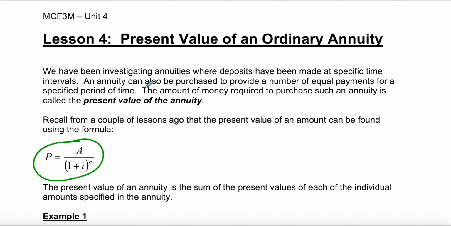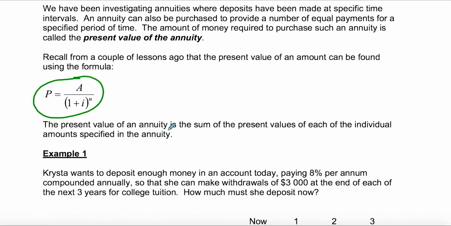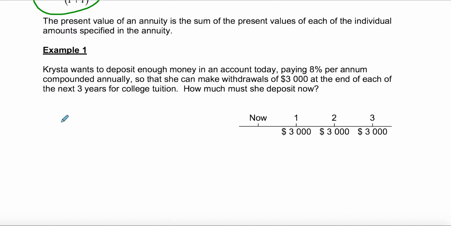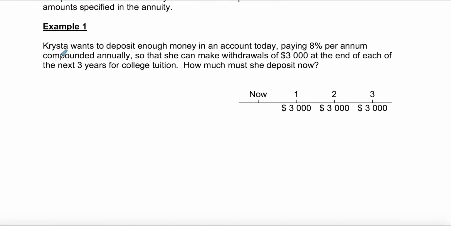It says an annuity can be purchased to provide a number of equal payments for a specified period of time. A lot of people might do that, make a large lump sum investment, but then take out regular payments. So we're going to use this original formula that we had for present value to look at example 1. This is a pretty typical example.